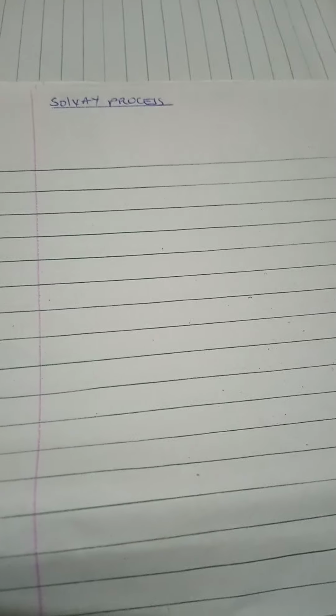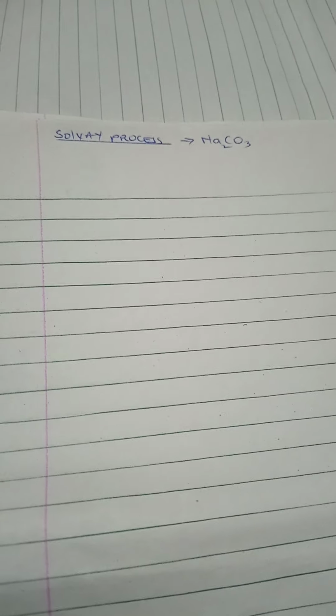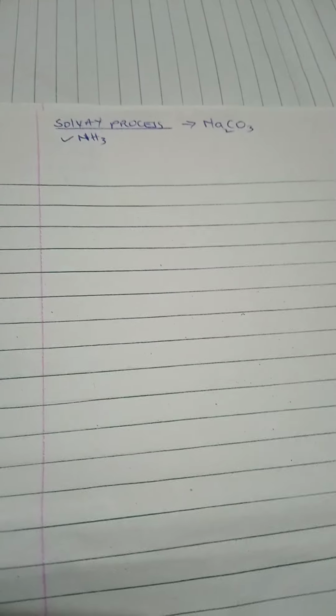So we look at the Solvay process, that is the large scale manufacture of sodium carbonate. And we have the raw materials that we normally use for this process. One of them is ammonia, and we normally obtain ammonia from the other process.